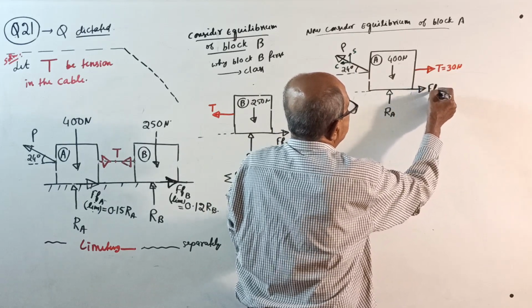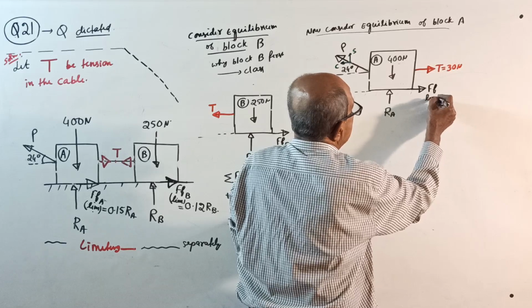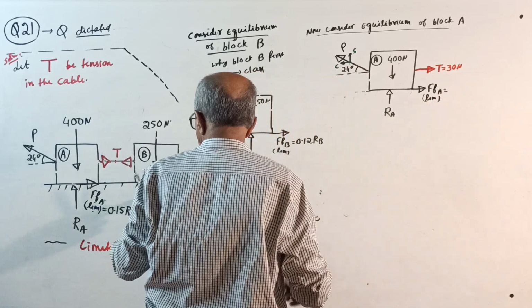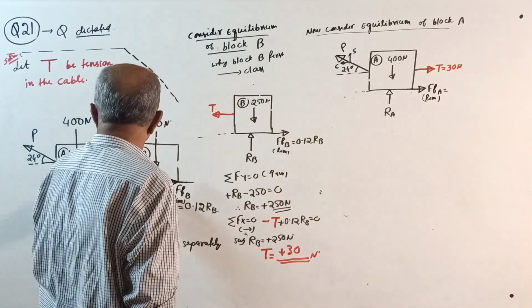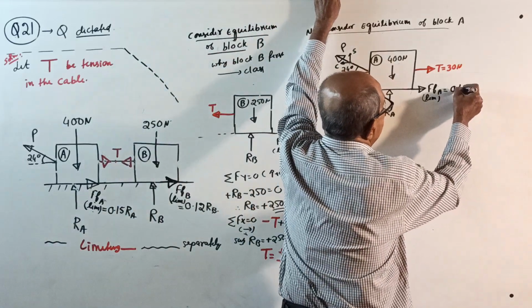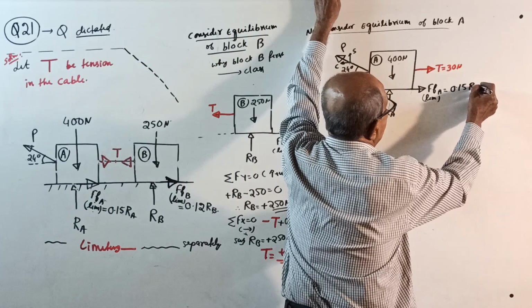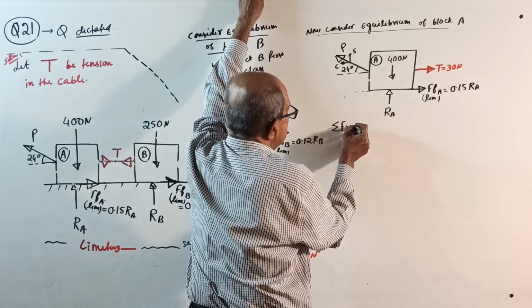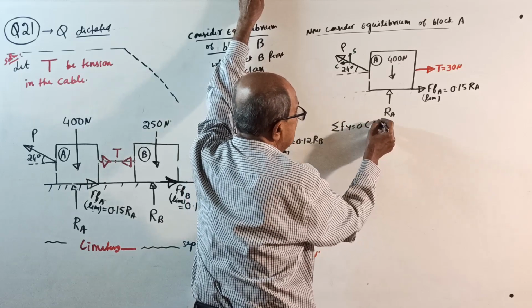Force of friction, FF, limit for block A, here mu given is 0.15. It is 0.15 times RA. Start, sigma Fy equals 0 first. In friction chapter, I always do sigma Fy first.